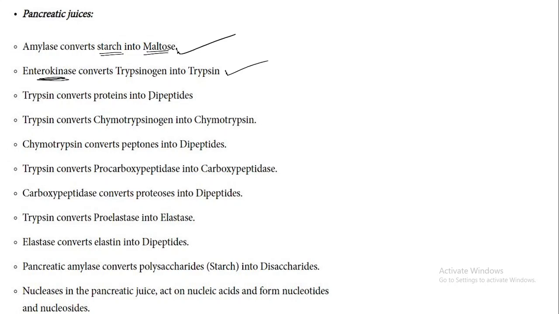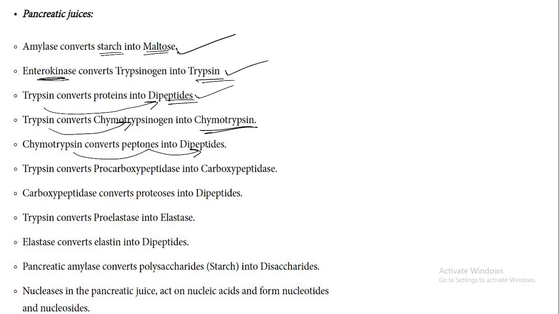Trypsin converts proteins into dipeptides. We have polypeptides which are broken down by the trypsin into dipeptides. Trypsin also converts chymotrypsinogen into chymotrypsin. Chymotrypsin converts peptones into dipeptides again. So we have polypeptides, peptones, which are different forms of structures of proteins.